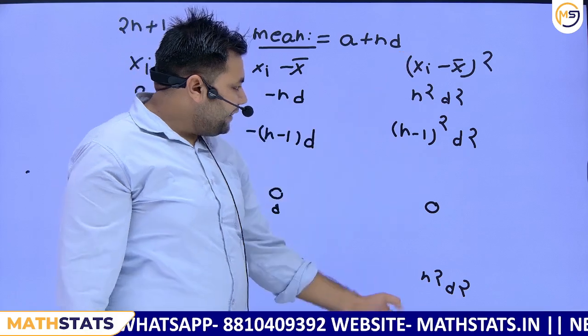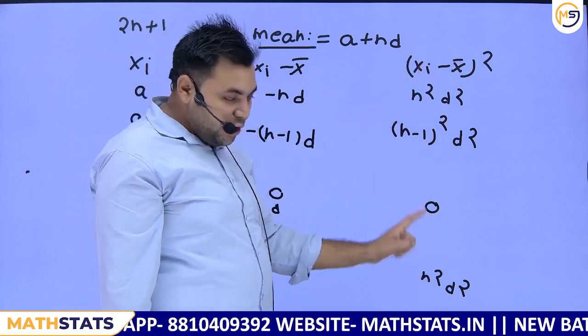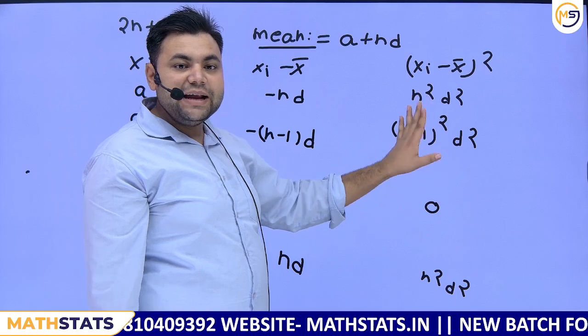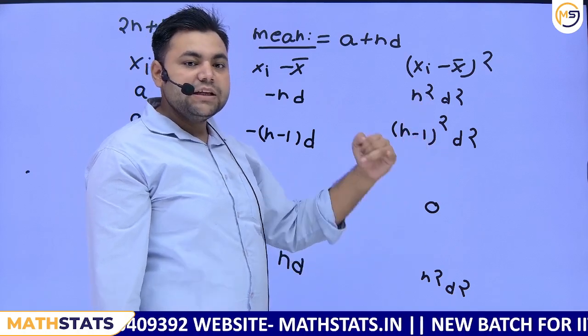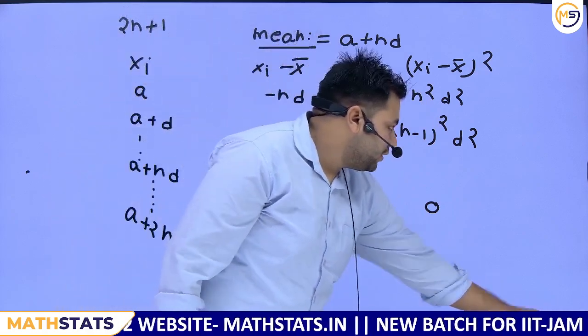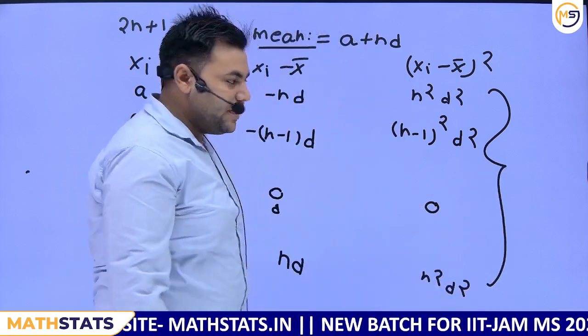When we are adding these terms, see here, below 0 these quantities and above 0 these quantities are equal, so we can add it in this way: 2 multiply 0 plus d square plus 2 square d square.